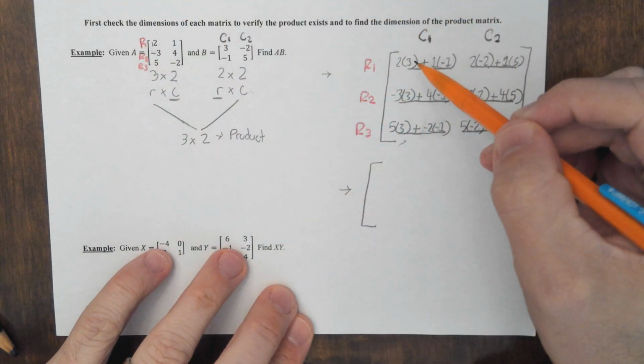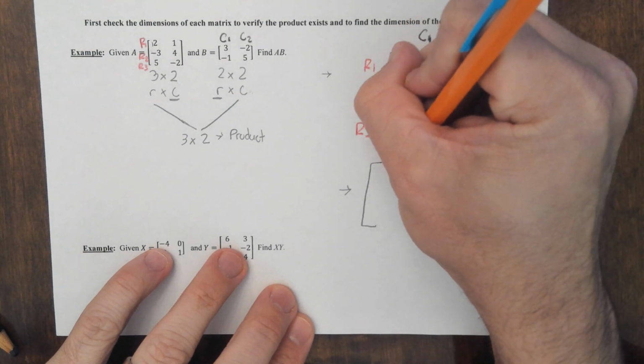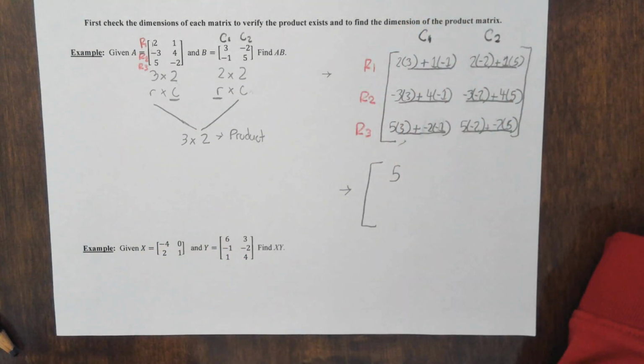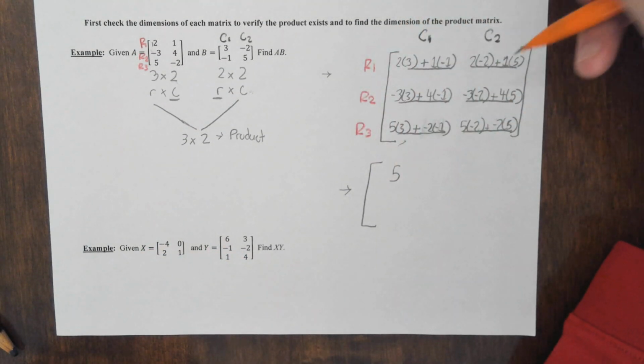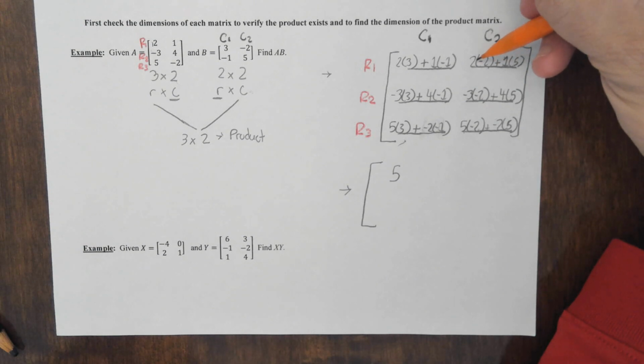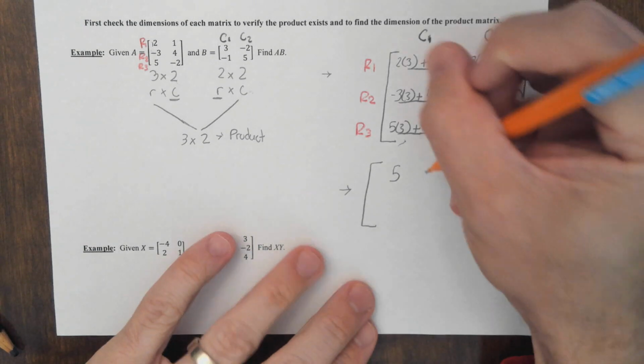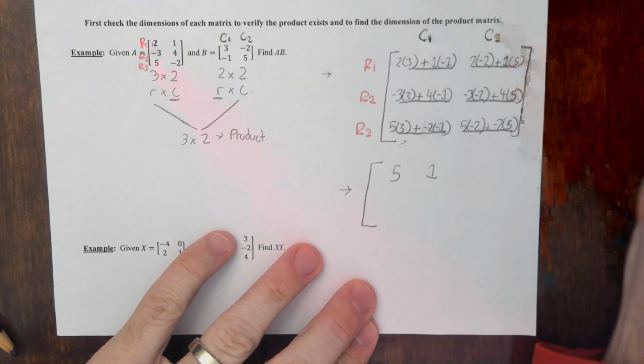So 6 minus 1 is 5. Negative 2 negative 4 plus 5 is a positive 1.